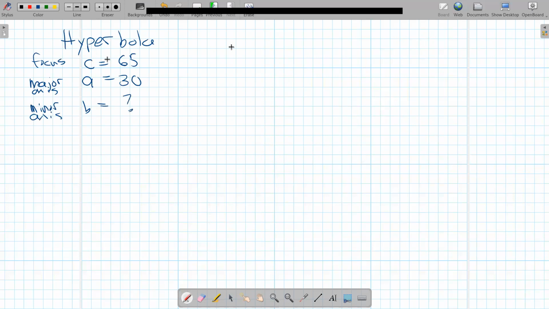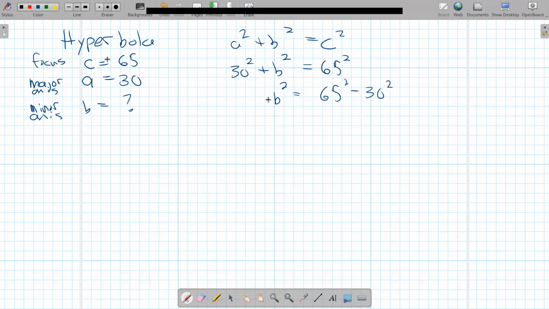We know that A squared plus B squared equals C squared, just like the Pythagorean theorem. So we've got 30 squared plus the unknown B squared has to equal 65 squared. So B squared is 65 squared minus 30 squared. And then we just take the square root of each of those and we get B. And so that's square root.